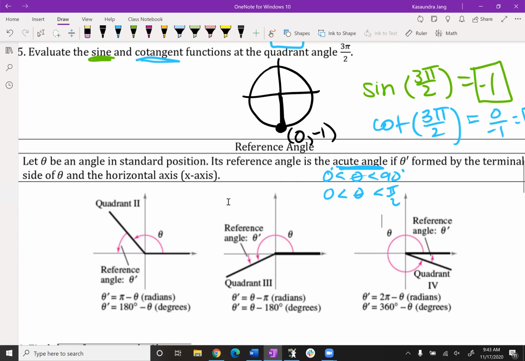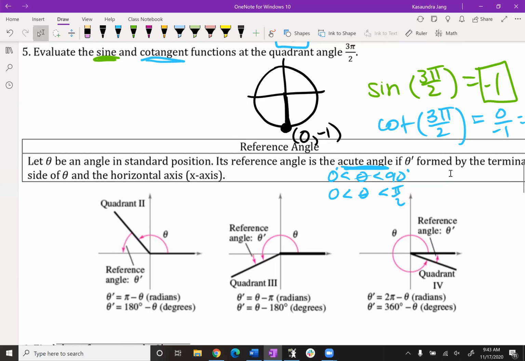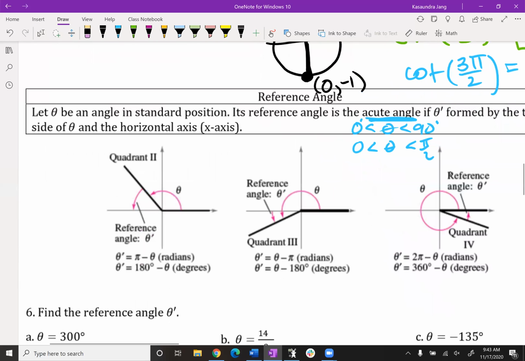So that would be an acute angle, and they're calling it theta prime. So its reference angle is the acute angle theta prime formed by the terminal side of theta and the horizontal axis, the x-axis. Notice that if you went more than the first quadrant, so this is more than 90 degrees, they're going to call their reference angle this part right here.